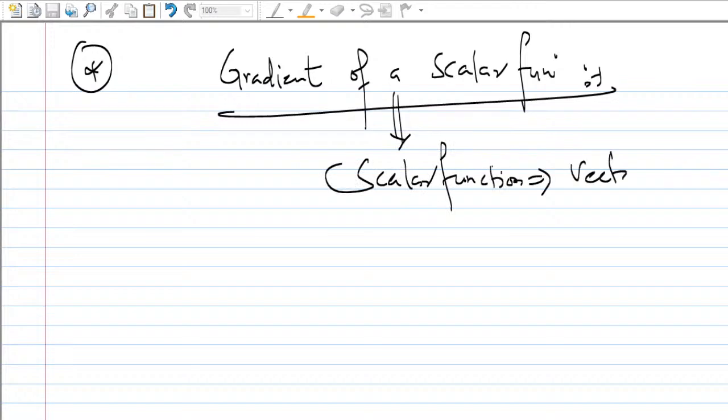We'll see the geometrical interpretation and physical significance of gradient as well, and this will be very helpful for your interview preparation, when you go for the ISRO examination or ISRO interview. They might ask questions.